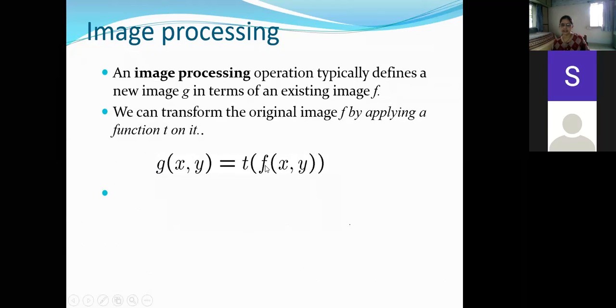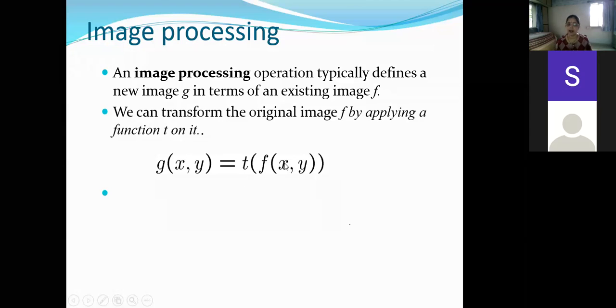When we process f(x,y) pixel by pixel, it is known as point processing, meaning we apply a function T on each and every individual pixel.